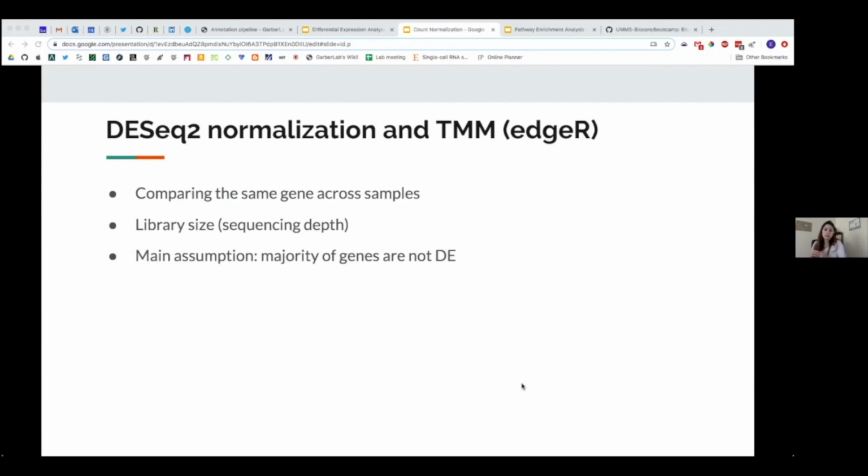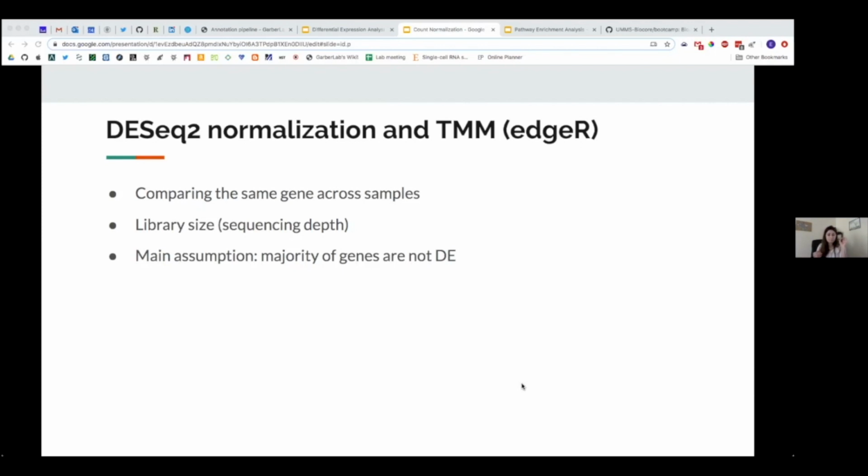And one thing that is important to keep in mind is that for both of these count-based methods we've been talking about, DESeq and EdgeR, they make one big assumption about your data. And that assumption is that the majority of genes are not differentially expressed. So you may have outliers, genes that have huge expression differences, and that's also something they want to account for.